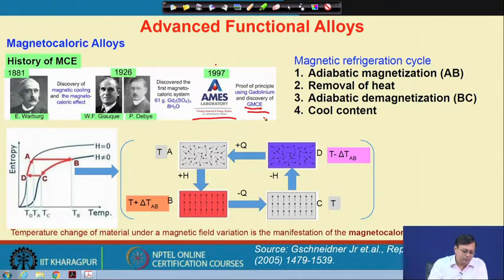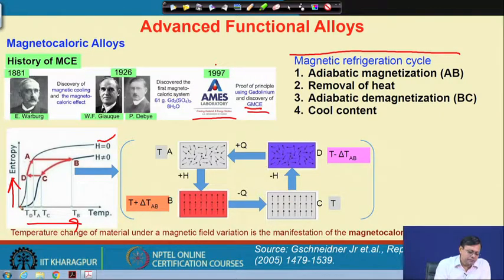Now, if we need to think about the magnetic refrigeration cycle, we have to look at this plot and carefully understand it. Here is entropy versus temperature, and at zero applied field, as we increase the temperature, this is the entropy. Okay.